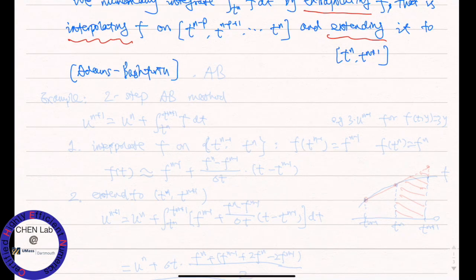Maybe let's explain this later, okay? So as not to confuse you, let's do the Adams-Bashforth first, just A, B. Let's say an example, maybe a two-step method.